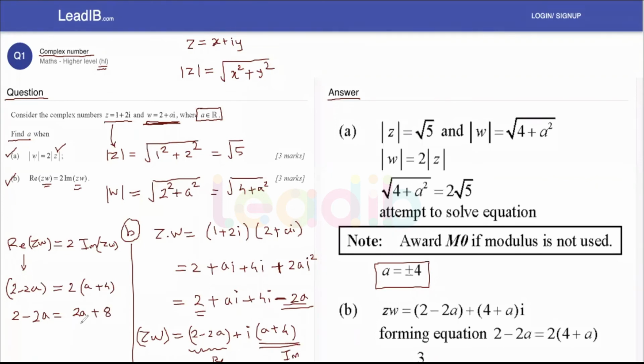Take this 2A to the other side, so this will be minus 4A, and take this 2 over, so it is 8 minus 2, which is 6. Then I get A is equal to negative 6 by 4, which is nothing but negative 3 by 2. That's the answer for the B part, and you can see here already, that's A is equal to minus 3 by 2.